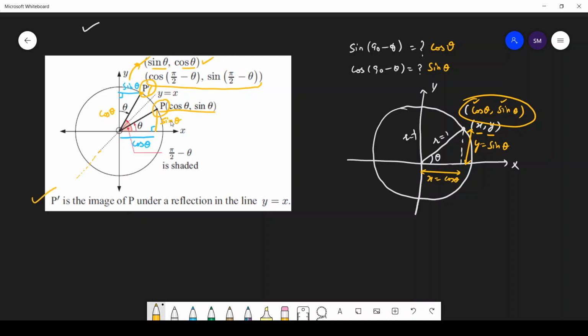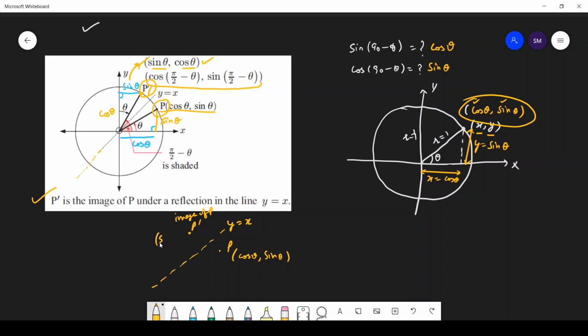This is the mathematical way of saying that these are the points P dash and P, and this is the line y equals x. If P has coordinates cos theta, sin theta, then the image P dash under a reflection in the line y equals x has x and y coordinates interchanged.